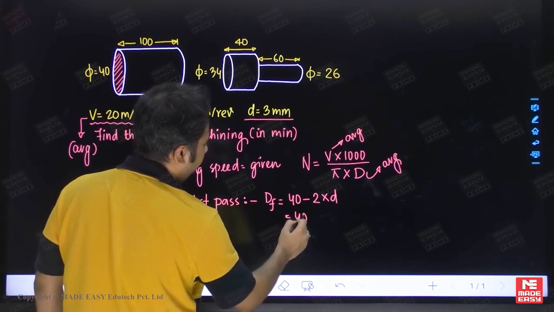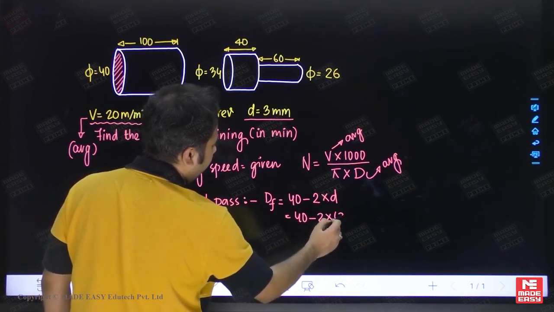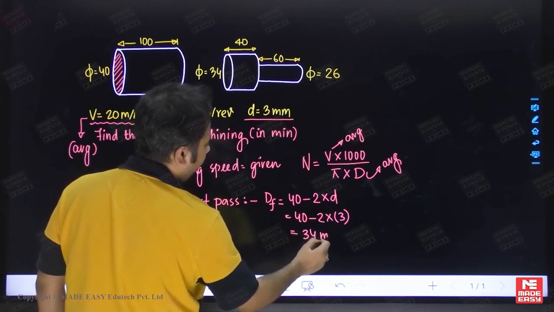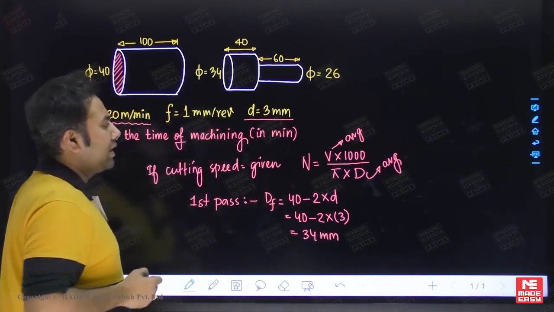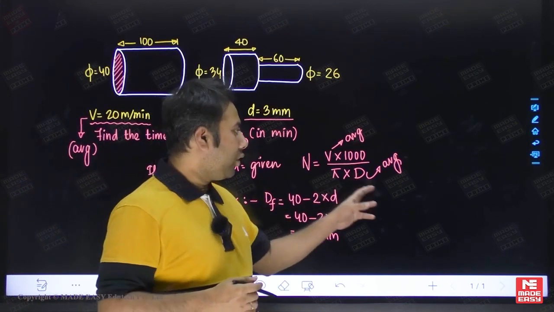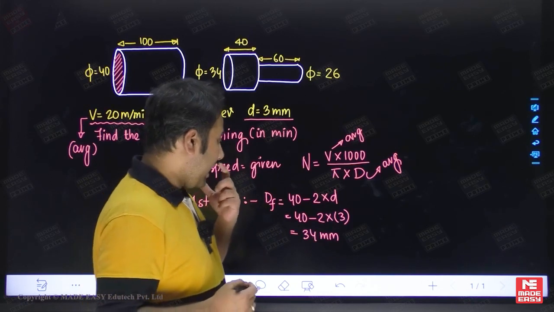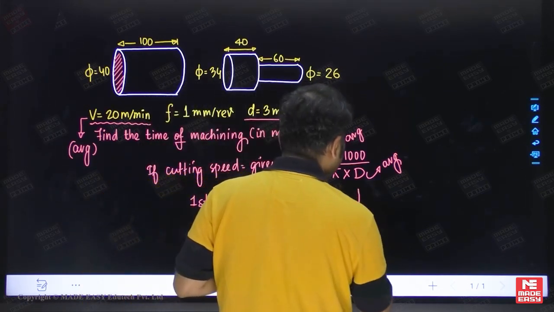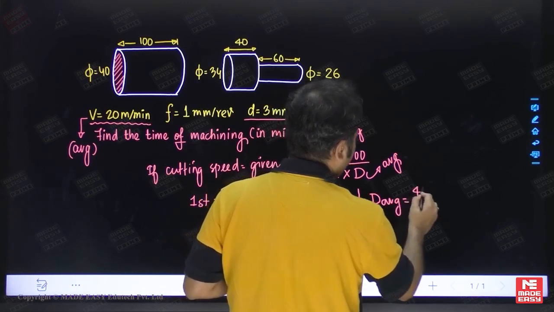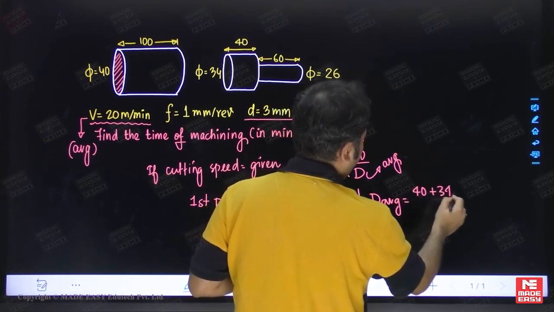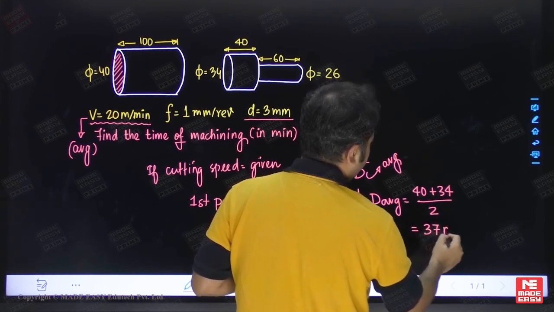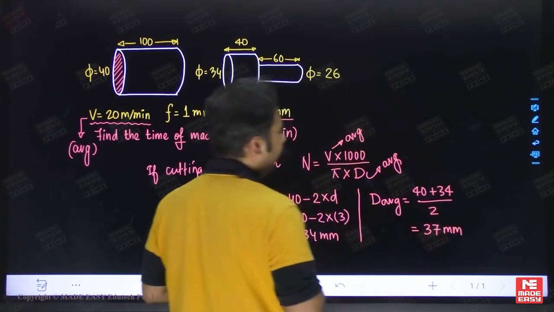So 40 minus 2 into 3, 40 minus 6, that is 34 mm. So when the velocity is average, the diameter also has to be average, and the average diameter will be 40 plus 34 divided by 2, so it is 37 mm.